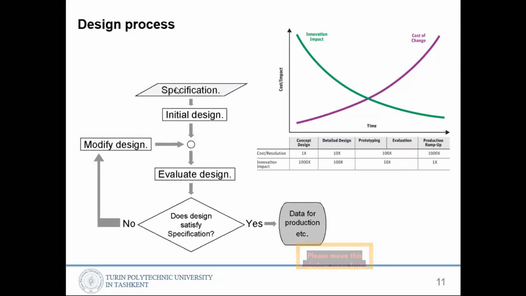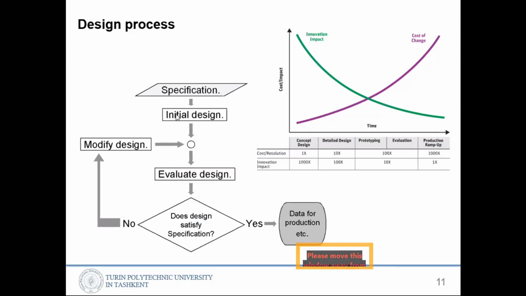So the specification, the rules, come from the planning area, and then the initial design should be done. Initial design is just a couple of designs, so 3-4 types of design should be done here, like freehand drawing, artistic design, or just several concepts.